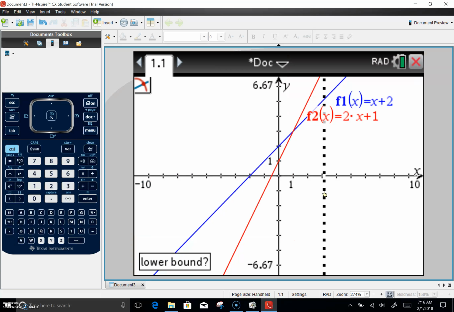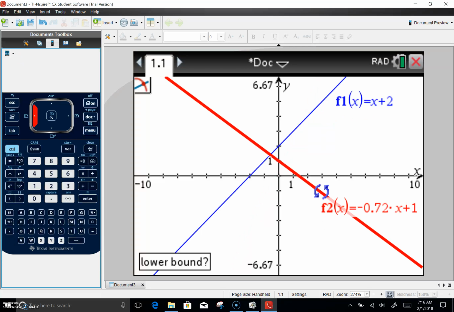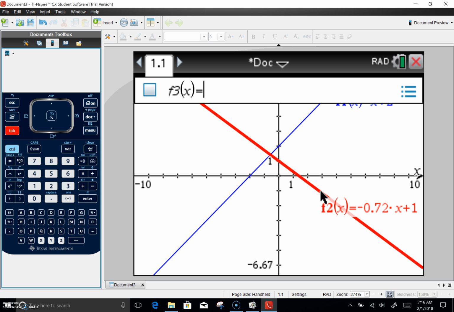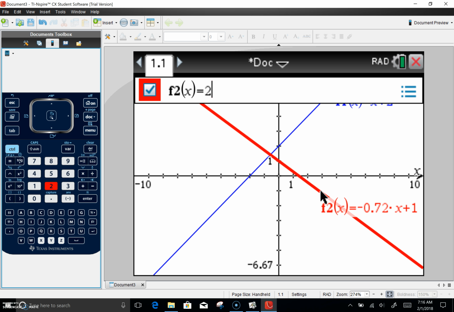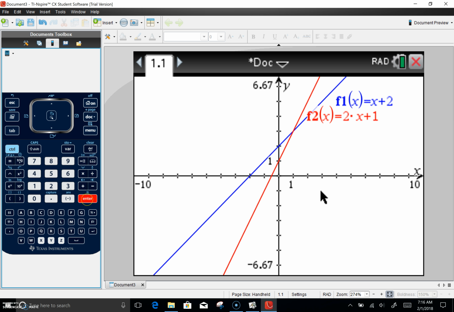Okay, what you're going to do is, oops, I messed up there. It changed my equation for me. I don't want to change it. What was the equation again? 2x plus 1, enter.